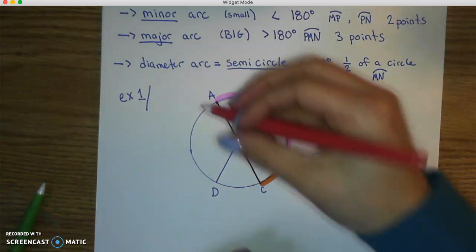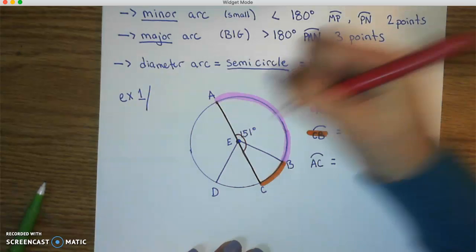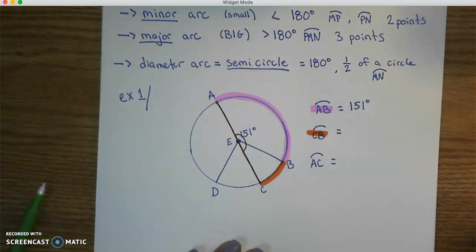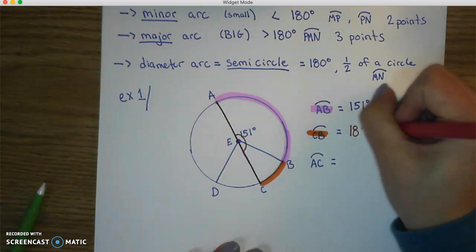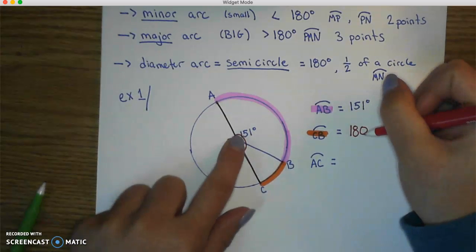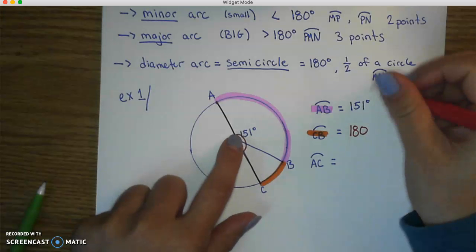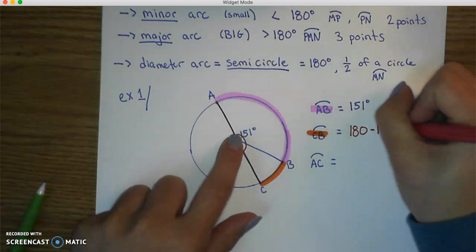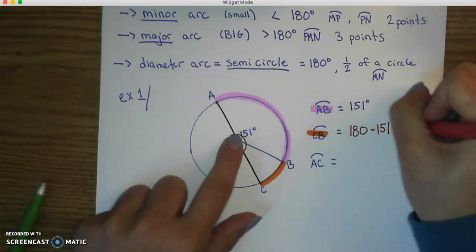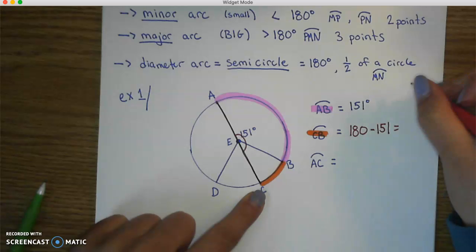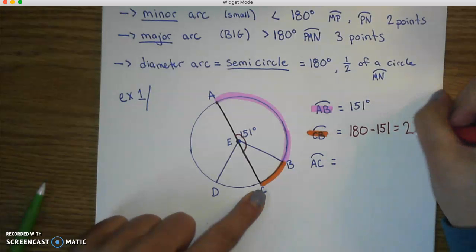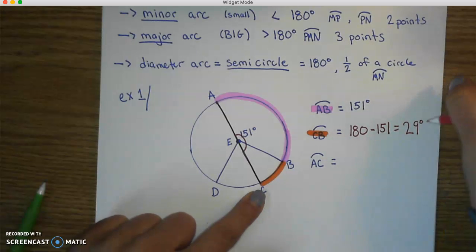It means that this whole angle right here is 180 degrees. So in order to find CB, I'm going to take 180 and subtract what I already know. I already know 151 degrees. That's arc AB. So BC has to be what's left, and that is 29 degrees.